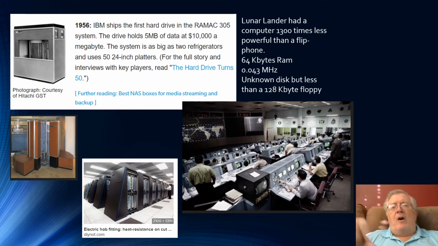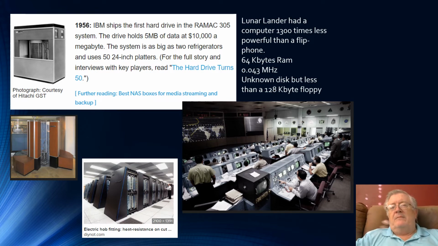I also, on the top right here, the lunar lander had a computer that was 1,300 times less powerful than a flip phone. And you remember flip phones from the 2000s. It had 64 kilobytes of RAM.